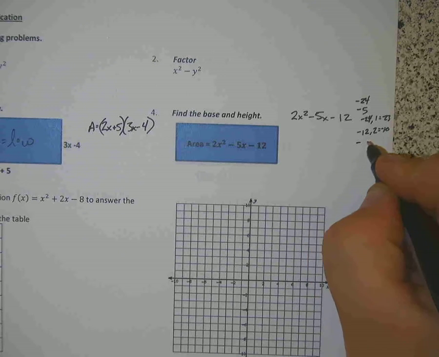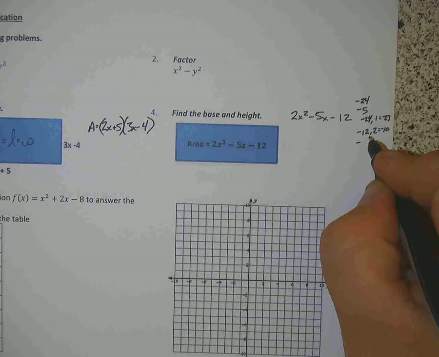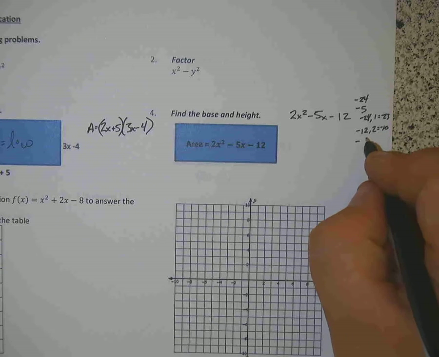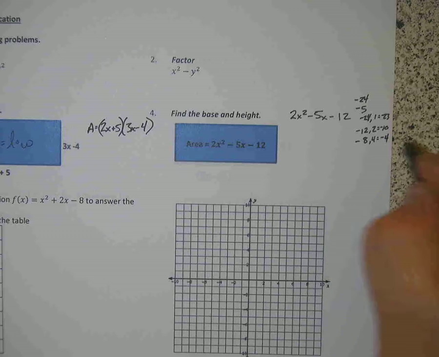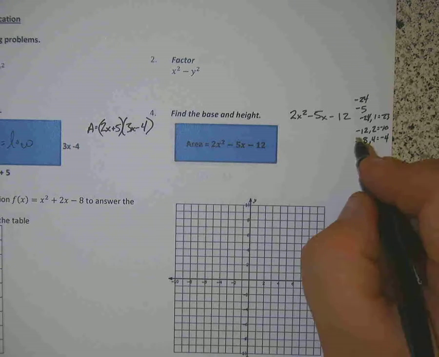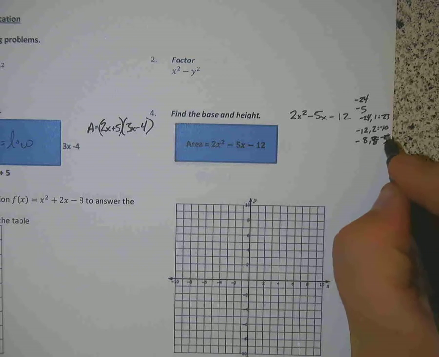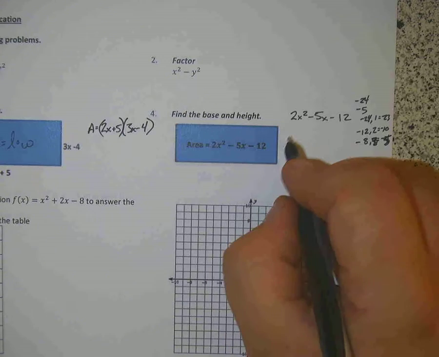If I go negative, what's the next one? 9 doesn't multiply to 24. We'd go with 8, but I think that goes too far. Or, sorry, 8 times 3, not 8 times 4. There you go. So that does get us there. So negative 8 and positive 3.